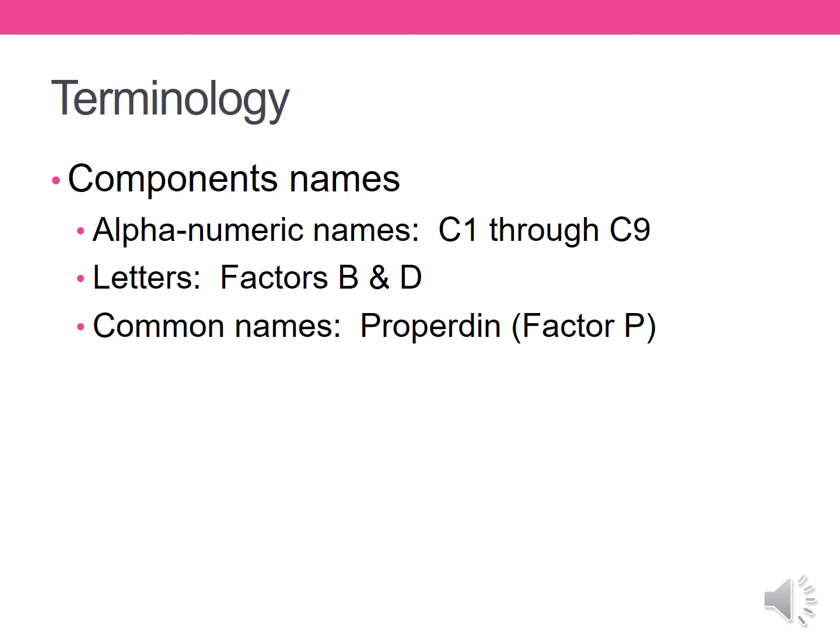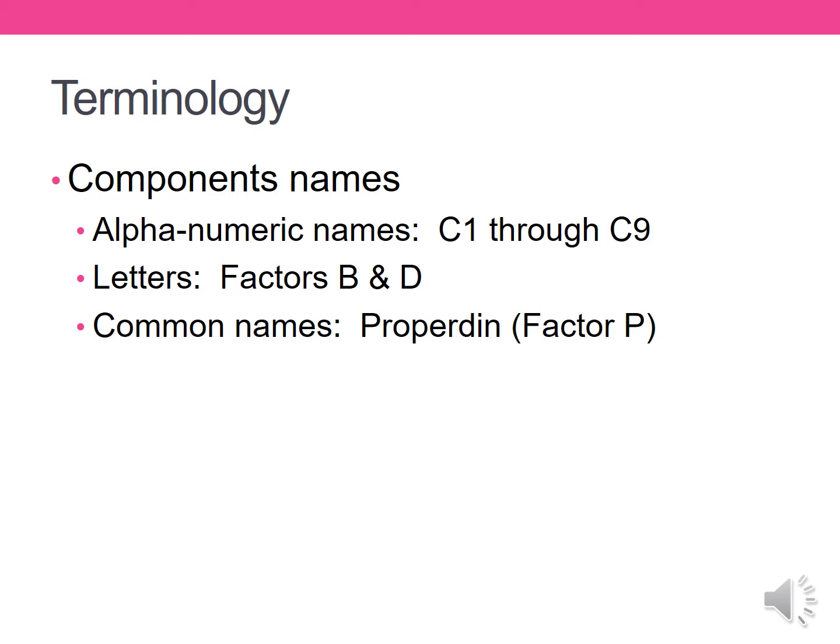Before we dive into the pathways, we first need to learn what the pathways are made up of, their components, and how these components are named. The first way they are named is alphanumerically, so we have C1 through C9, complement components 1 through 9.